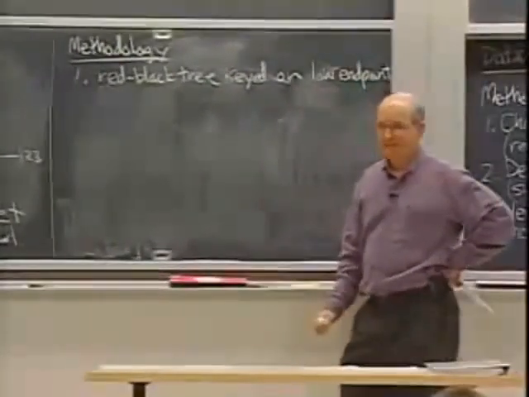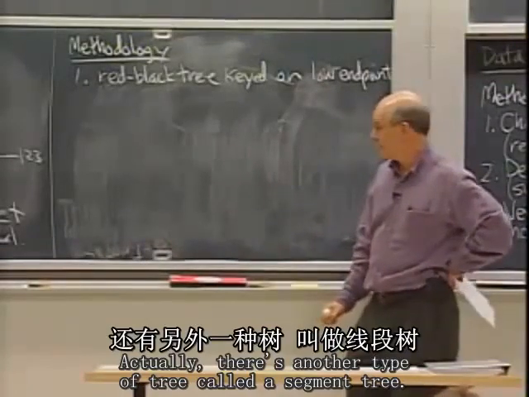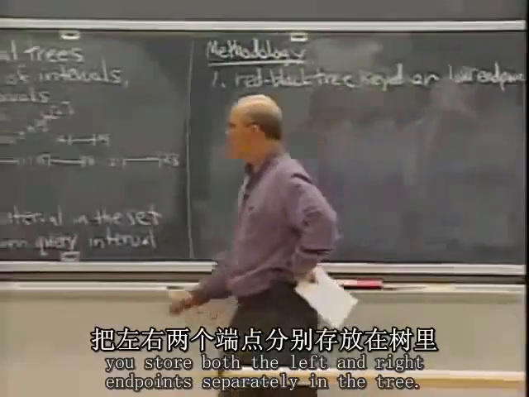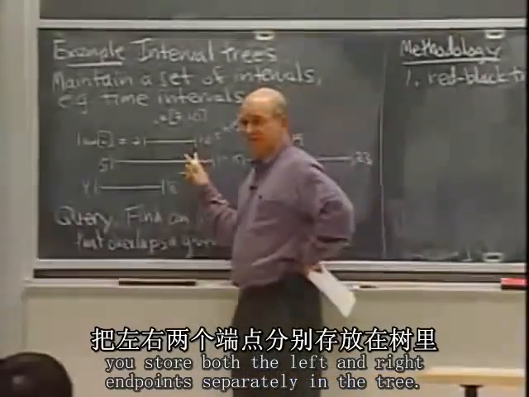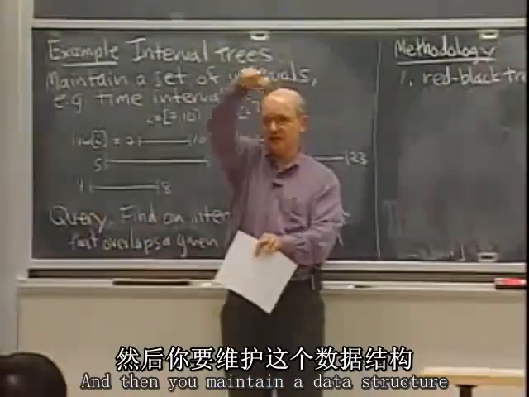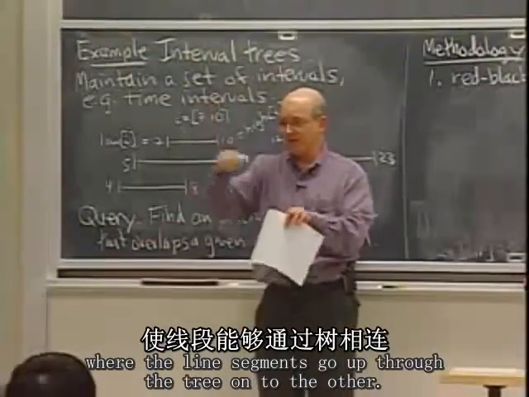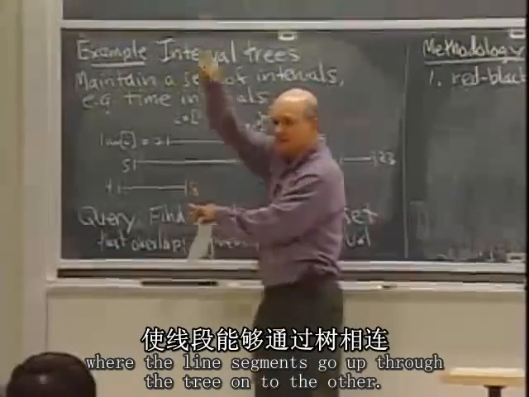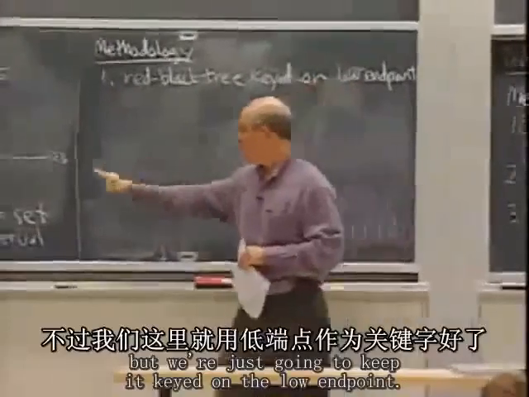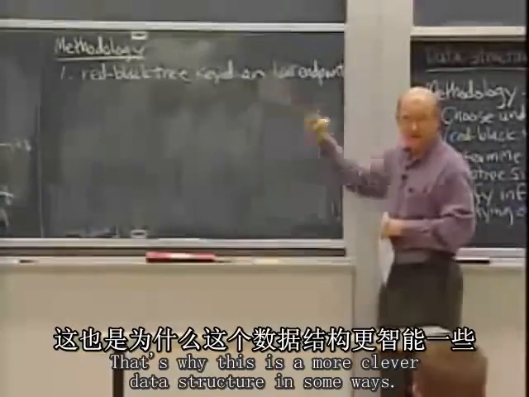There's another type of tree called a segment tree, where you store both the left and right endpoints separately in the tree, and then you maintain a data structure where the line segments go up through the tree, one to the other. There are lots of things you can do, but we're just going to keep it keyed on the low endpoint. That's why this is a more clever data structure in some ways.